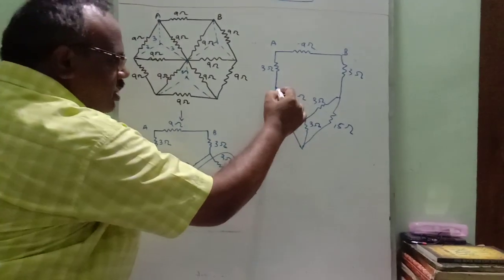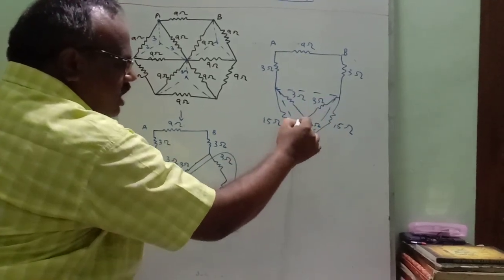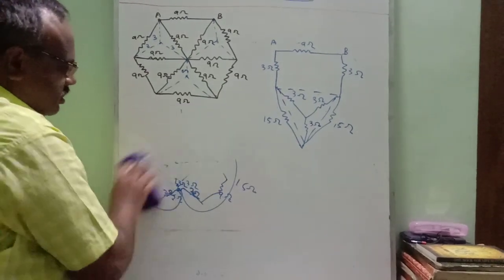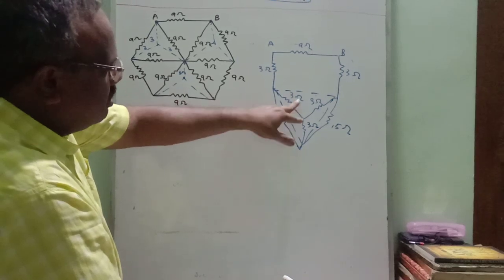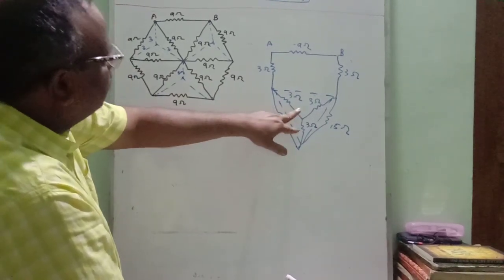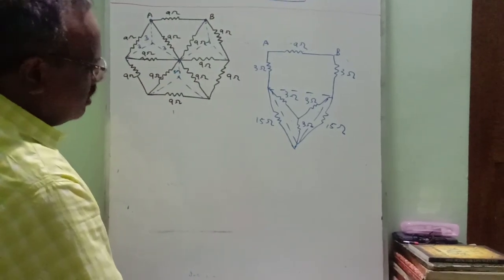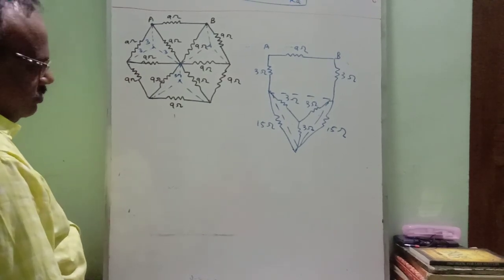So now you solve this star to delta. This is star, so star to delta means these 3 plus 3. When you are solving it from star to delta, it is coming your 3 plus 3.